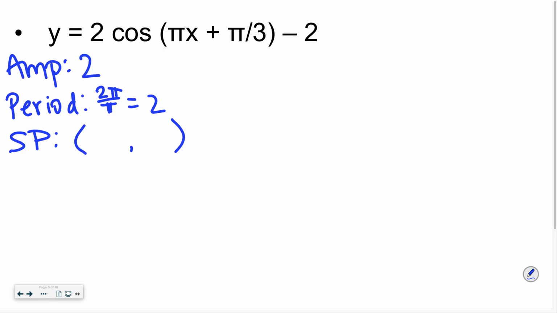Negative pi over 3, negative 2. Negative 1/3. Okay, so if we're talking about C over B comma D, our C is a negative pi over 3, and our B is pi.